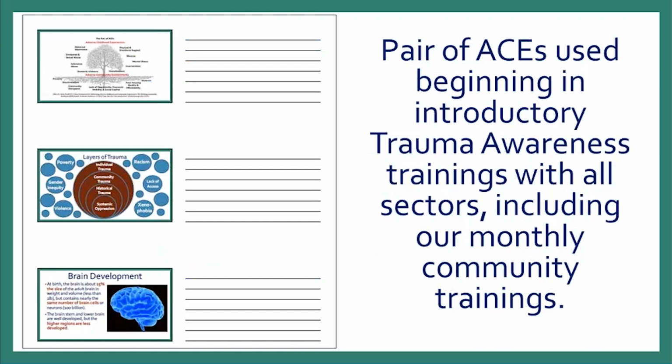Now, what I'll share with you is that the Pair of ACEs is something that we not only use in our introductory training, but it's also a tool that has been highly successful across sectors, whether it's healthcare, education, social services, criminal justice, as well as in our local community trainings. And I also wanted to share that in the deeper trainings that we do with organizations, the Pair of ACEs really becomes central to this understanding as we think about what our call to action is. How is it we build trauma-informed communities, environments, or organizations?